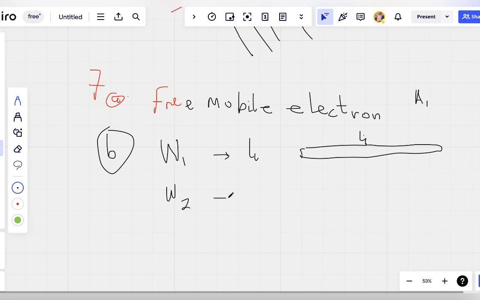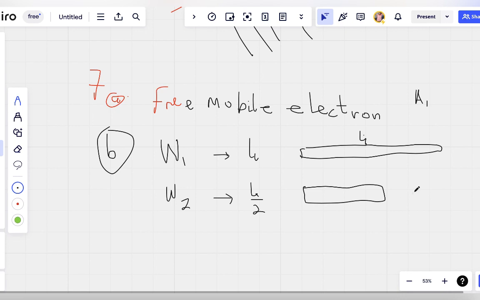Say the length is half, so it's L1 over 2. The length has been halved. When your length is halved, in the rules of resistance, your cross-sectional area will double. So the area will be 2A, meaning it will be shorter with a thicker surface, like this. This is wire 2.